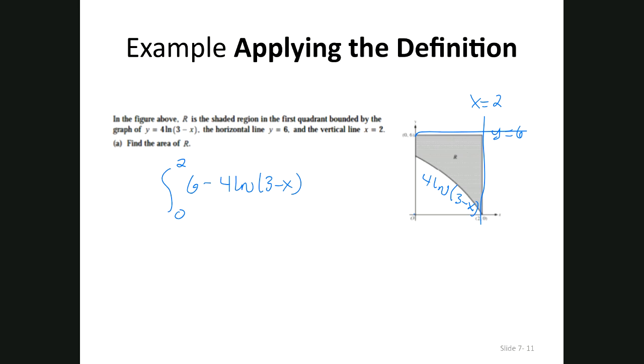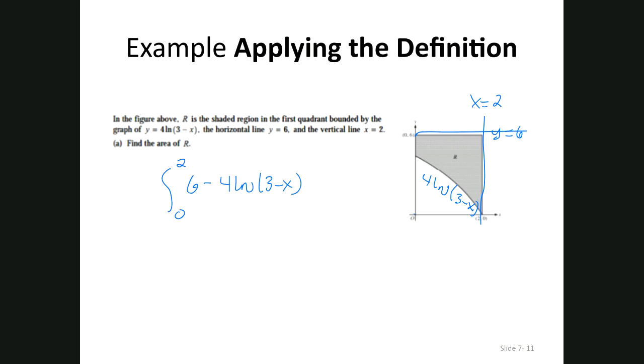What is the integral from 0 to 6, or I'm sorry, 0 to 2 of 6 minus 4 natural log of 3 minus x? 6.82? I don't know, I don't have my graphics calculator here. Henry, did you get the same answer? Haven't plugged it in yet.